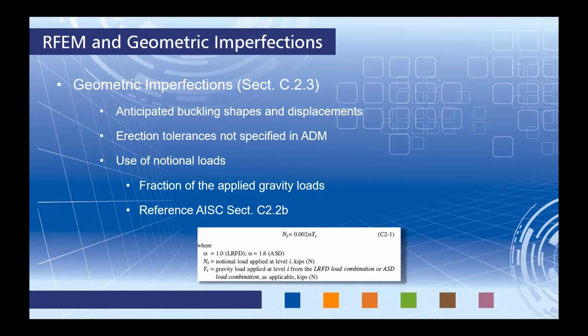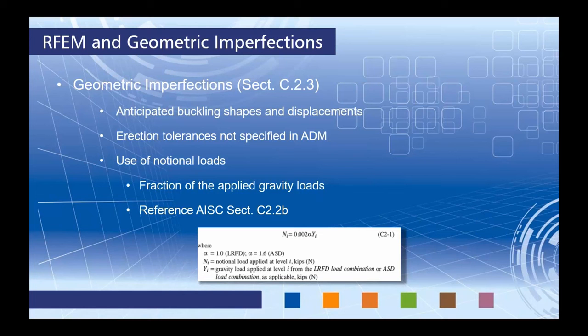It's typical to not apply notional loads to other load combinations that have lateral loads, such as wind load, earthquake, or seismic loads. We really only want to apply these notional loads to gravity load combinations, and there are further specifications in the AISC: if our second order analysis over our first order analysis is less than 1.7, then we can exclude the notional loads from those load combinations with applied lateral loads.